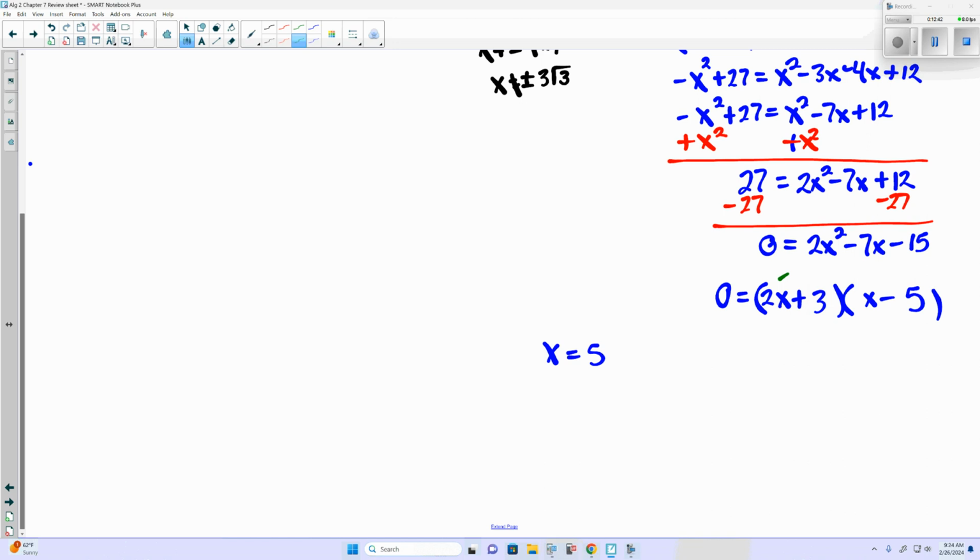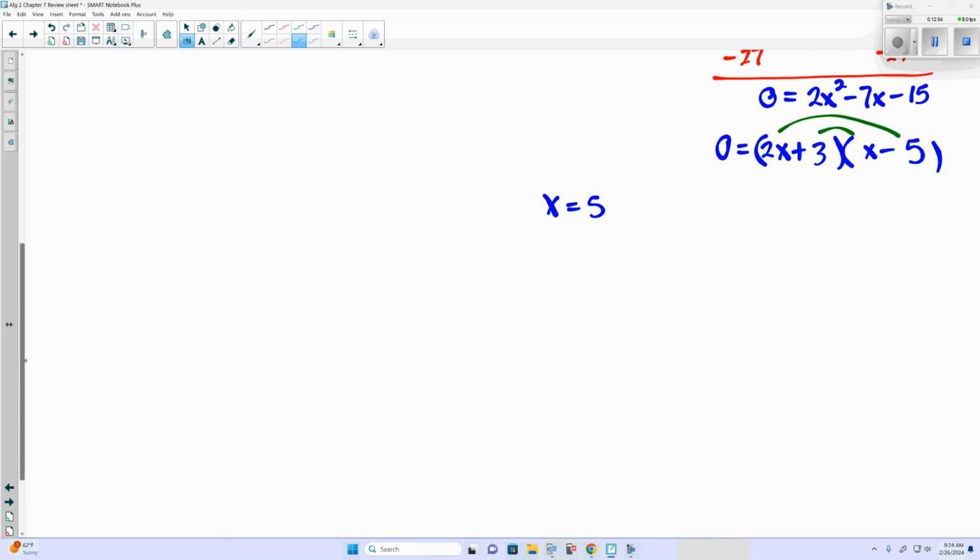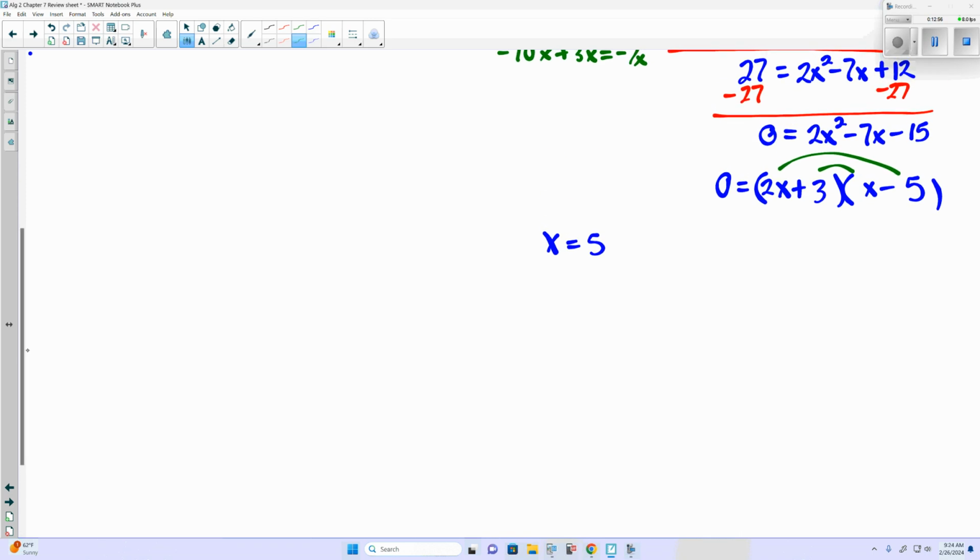And again, at this point, we can check and make sure. 2x times negative 5 is negative 10x. 3 times x is plus 3x, giving us our middle term of negative 7x. And again, whenever we have two or more things multiplied together to equal 0, one of them must be 0.